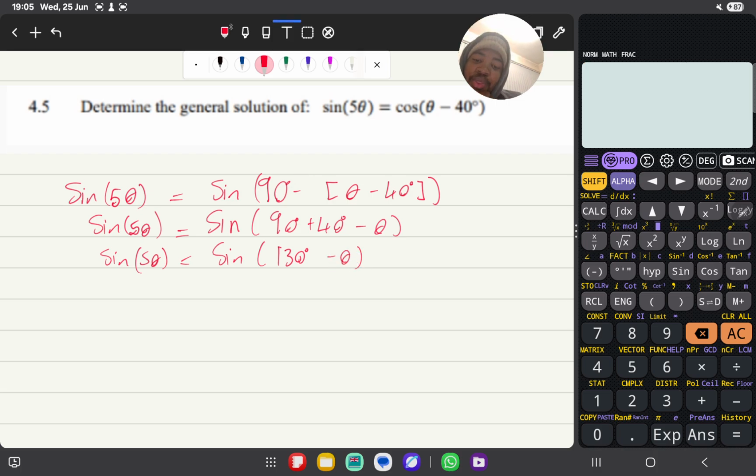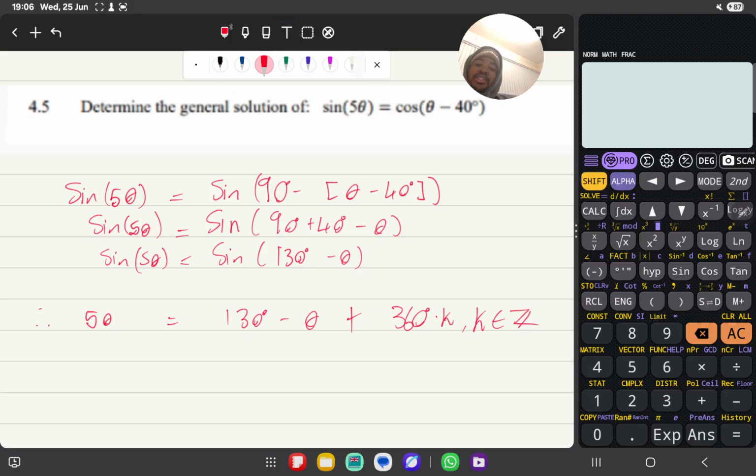Now, whenever you have sine, the next step is to say that 5 theta equals 130 degrees minus theta, plus 360 degrees multiplied by k, where k is an element of integers.